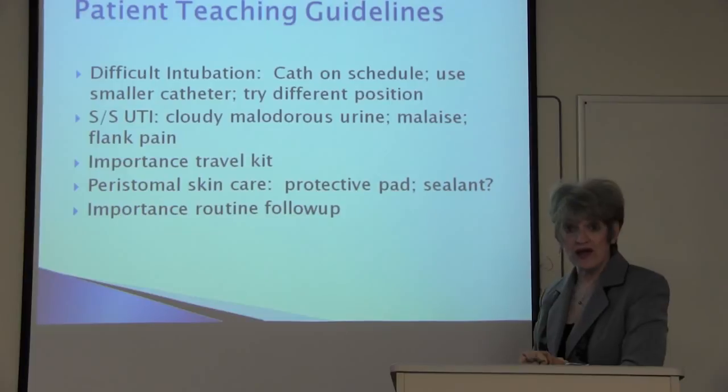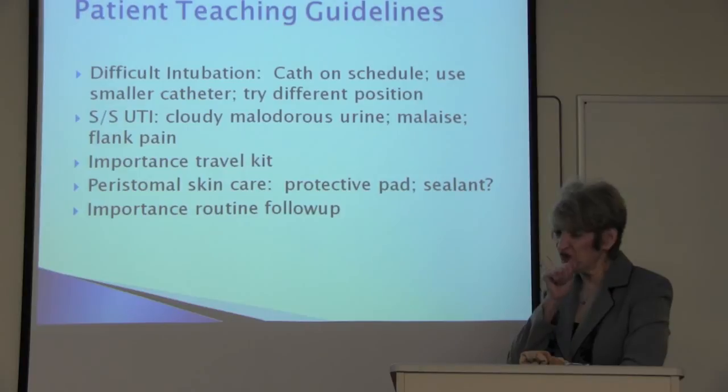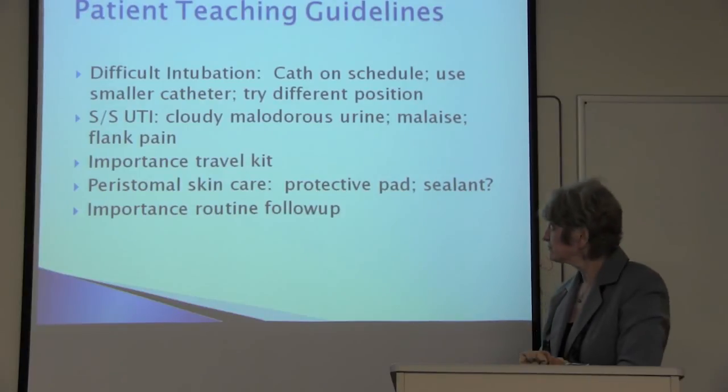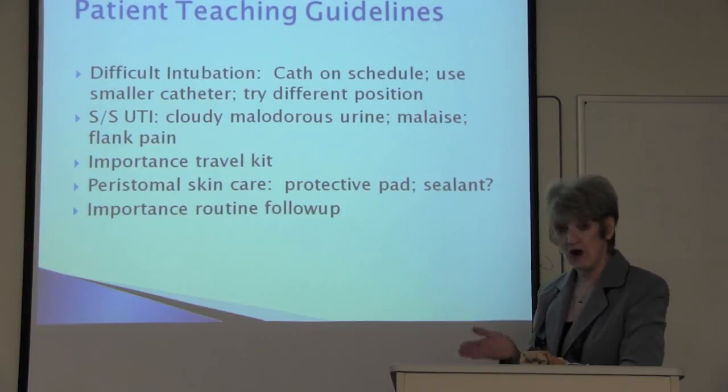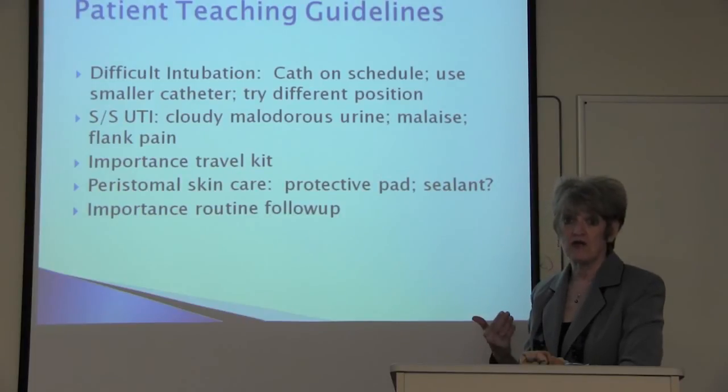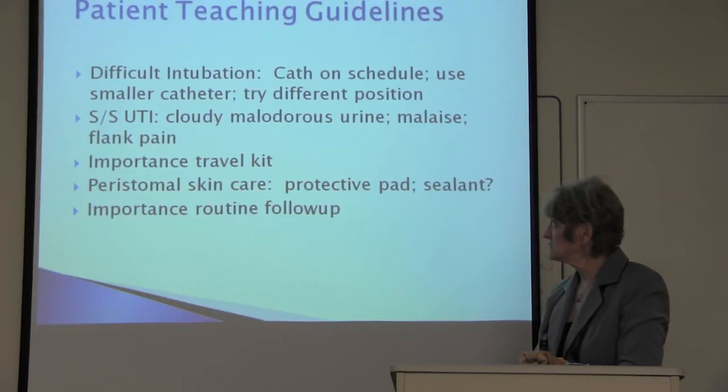We want them to recognize the signs of urinary tract infection, which are cloudy urine, malodorous urine, just feeling bad in general, low-grade fever, flank pain. We want them to know to promptly report any signs of urinary tract infection so that we can culture them and get them on antibiotics.